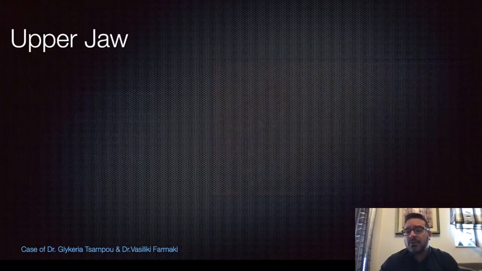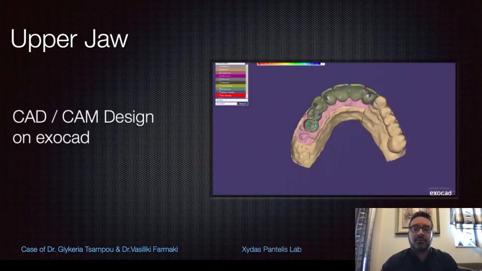The lab, who had already designed the provisional and the digital workflow for our case, adjusted the holes. As you can see, we didn't place multi-unit abutments at all, as the screws were not so difficult to reach with the straight implants for the provisionals.